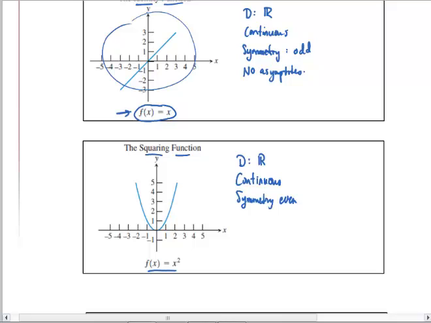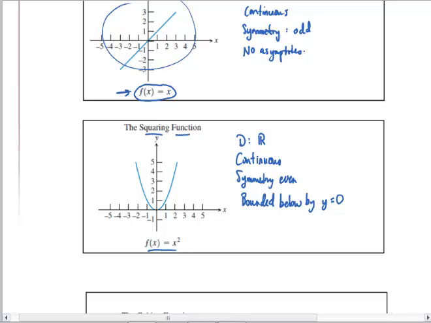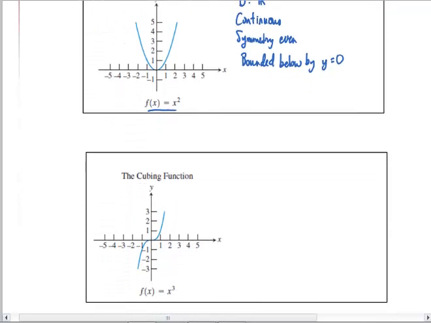And it is, in fact, bounded from below. There are no asymptotes for this function. Pause the video and copy this down, and then move on to the next one.